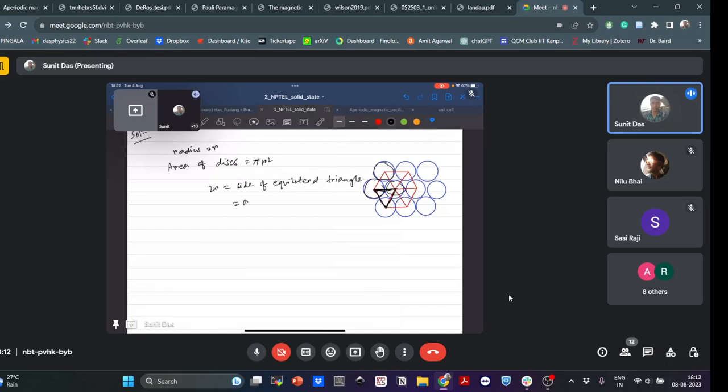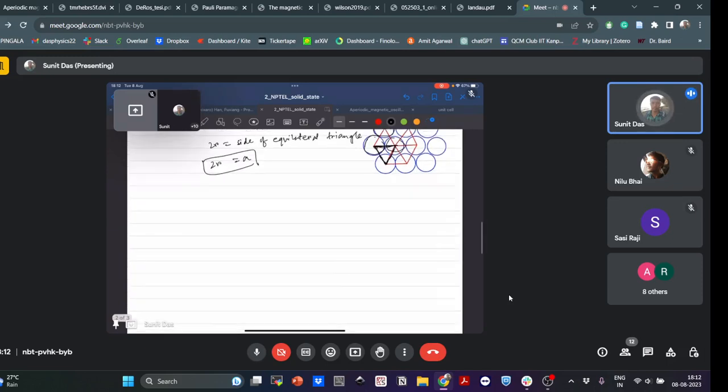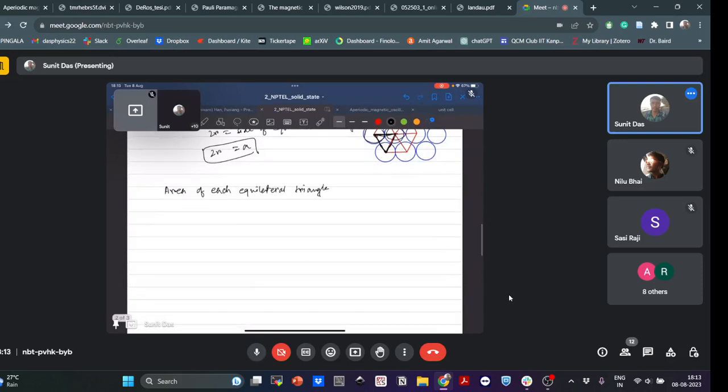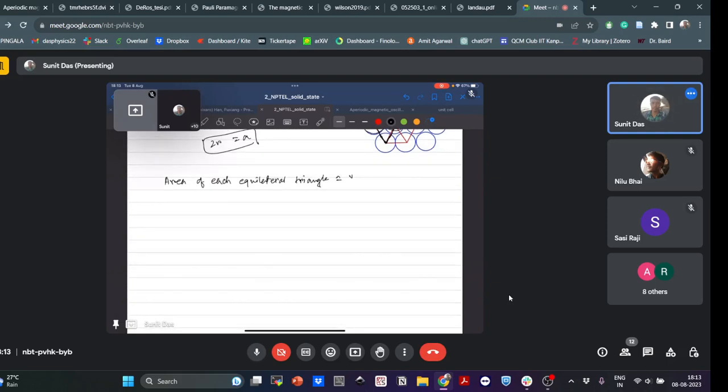Let's say this is A. So 2r is equal to A. Then the area of each equilateral triangle is equal to root 3 by 4 into side square, A square.